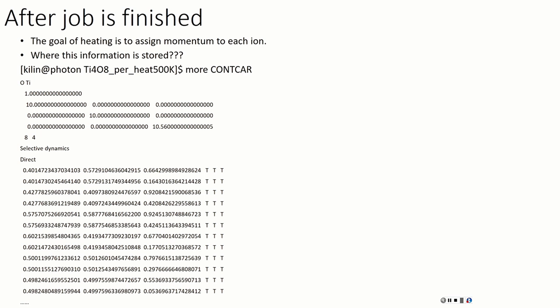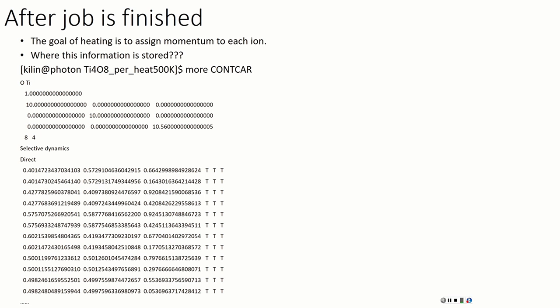Can I interrupt? Yeah. So are you going to answer where this information is stored? This information is stored in that file that I just pointed out. Which part of this file? The whole thing? No. Anyone want to help? Where is the information about the momenta of each ion stored?